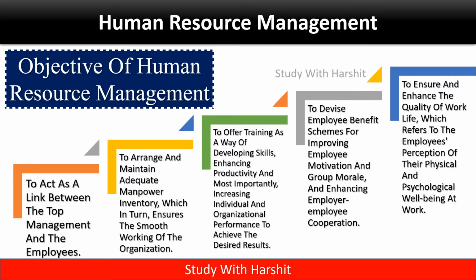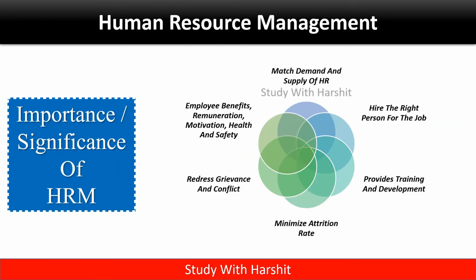To devise employee benefit schemes for improving employee motivation and group morale and enhancing employee cooperation, to ensure and enhance quality of work life, which refers to the employee perception of their physical and psychological well-being at work.